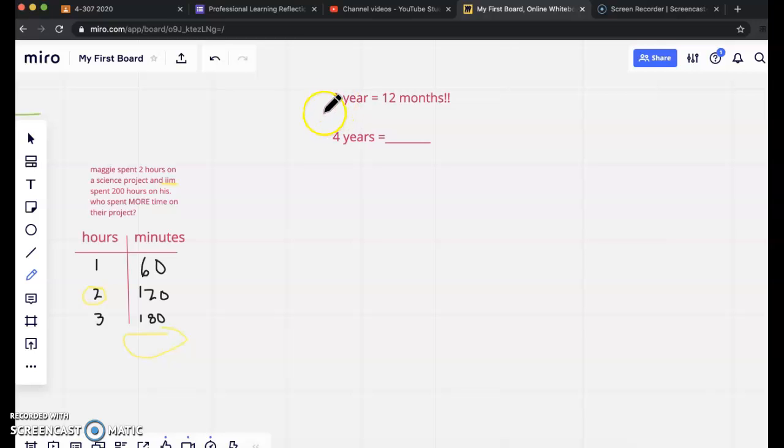To get from 1 to 4 using multiplication, what do we have to do? 1 times what makes 4? 4. 1 times 4 makes 4. Now, what about on this side? You multiply the same thing by 4. Then you do 12 times 4. 4 times 2 is 8. 4 times 1 is 4. 48 months.